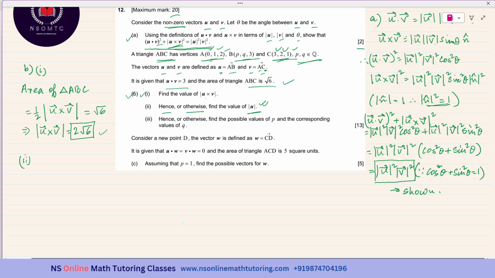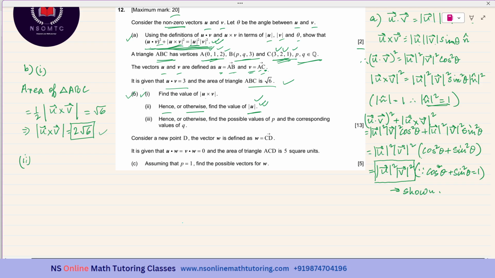A and C, these two have coordinates as numbers, so we can get the magnitude of V. So first of all, let us get the magnitude of V, because I think I should be using this equation, or else I do not have any other information from which I can find the magnitude of U. Over here, it is the magnitude of U whole square, so I can get the magnitude of U from here.